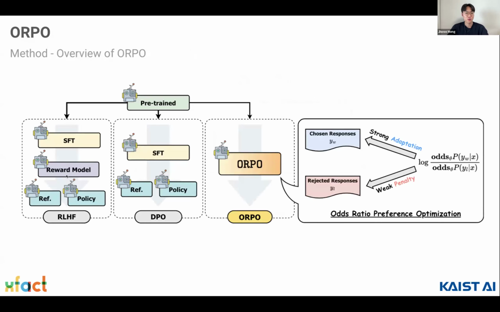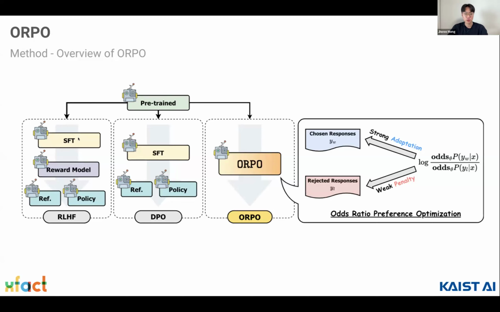So let's go through the methods, an actual comparison of the methods, including ORPO. As I discussed a few minutes before, RLHF, which is represented by applying PPO to language models: if we have the pre-trained language model, first we have to do the SFT on, for example, an instruction tuning dataset, and we need to prepare a special reward model for alignment.